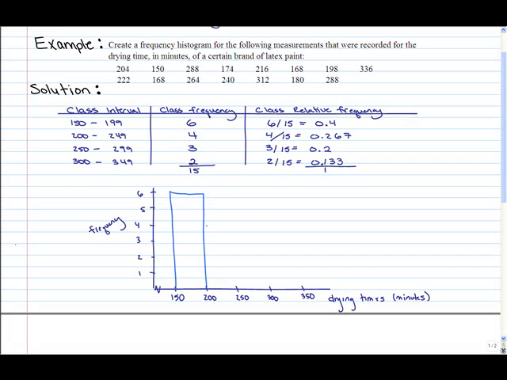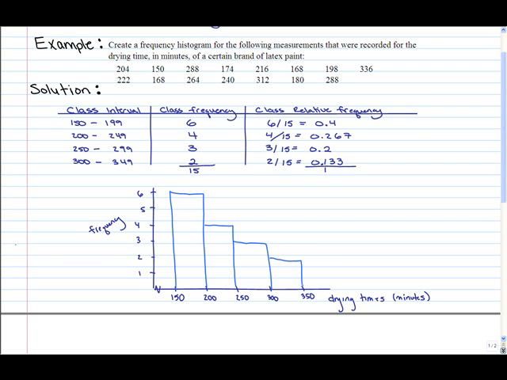So we're going to draw a box up to the value of 4 on the y-axis for that class. The next class from 250 to 300 goes to a frequency of 3. And finally, the last class from 300 to 349 goes to a frequency of 2. So plot that one up to 2, and there is your histogram, your frequency histogram.